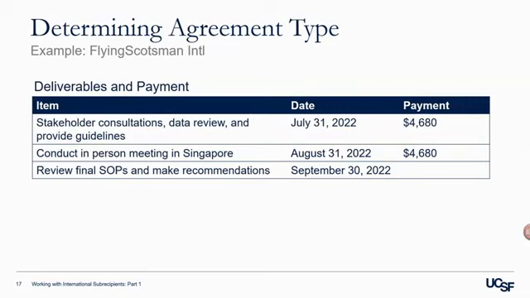Here they've broken out 3 main deliverables: the first is stakeholder consultations, data review, and providing guidelines. The second is to conduct an in-person meeting in Singapore. And the third is to review final scope, standard operating procedures, and make recommendations.